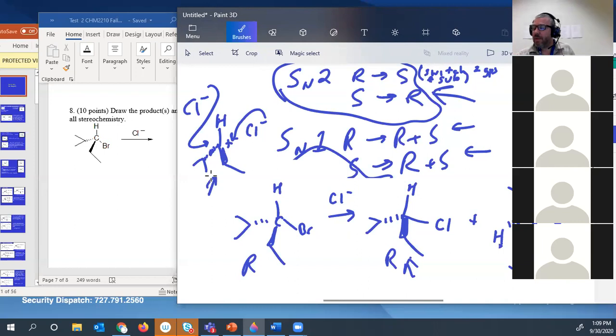So when this bromine just pops off, sure, but only maybe 1 in, say, 1,000,000 might pop off, right? But once that carbocation forms, the Cl- can attack it. And then another one can pop off, and another one, and another one.